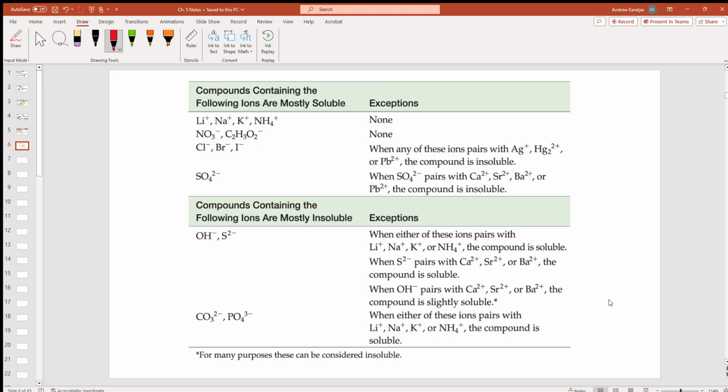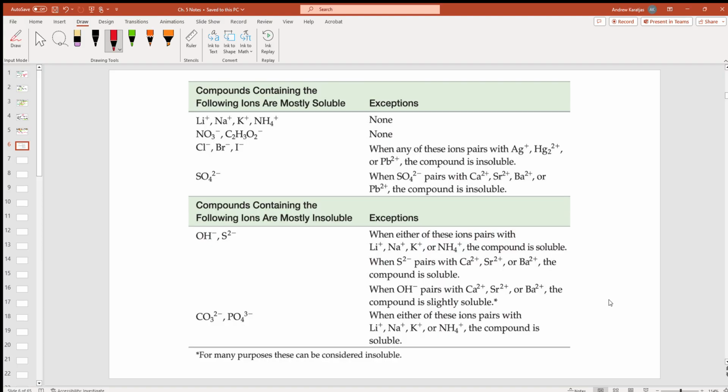So if we have an ionic compound where the cation is lithium, sodium, potassium, or NH4 plus ammonium, essentially that compound is going to be soluble, regardless of what the anion is. Same thing is true for nitrate as well as C2H3O2 minus.